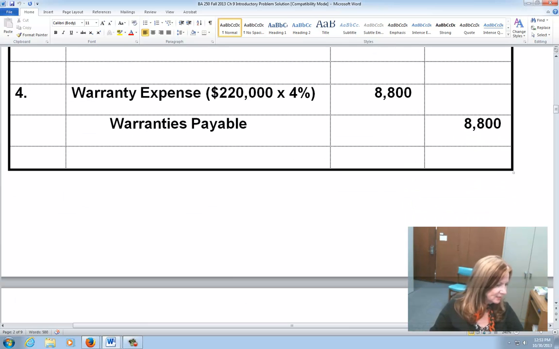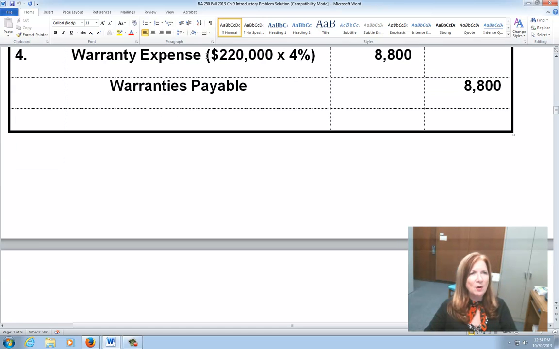Now the next one says provided a 6-month warranty on the merchandise sold. Based on industry estimates, warranty claims would amount to 4% of merchandise sales. So if it's going to be 4% of merchandise sales, then the merchandise sales was $220,000. $220,000 times 4% would be $8,800.